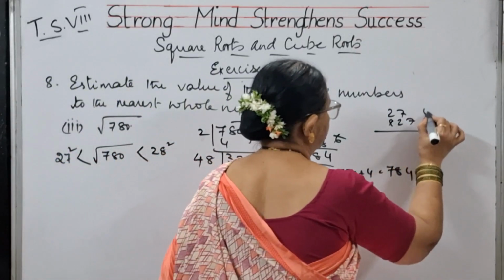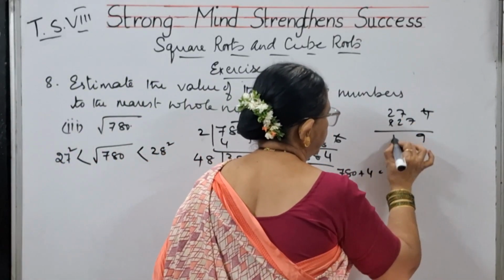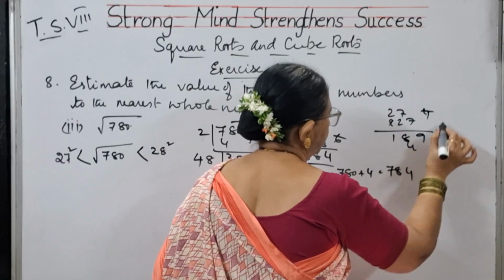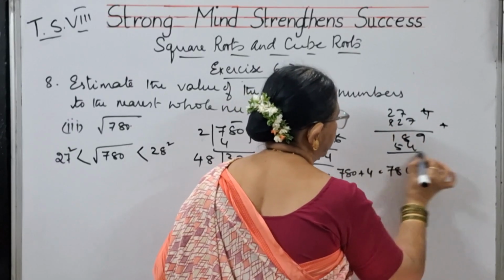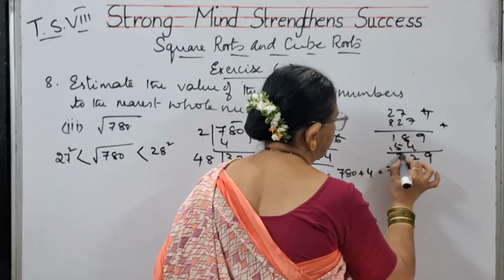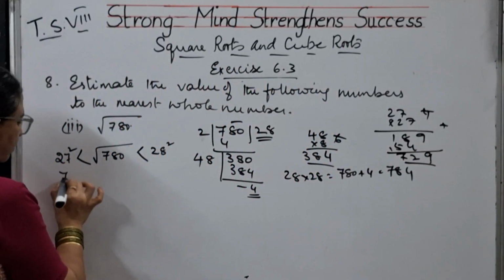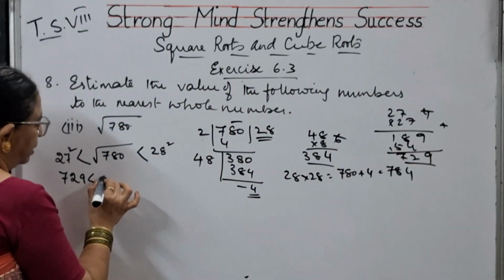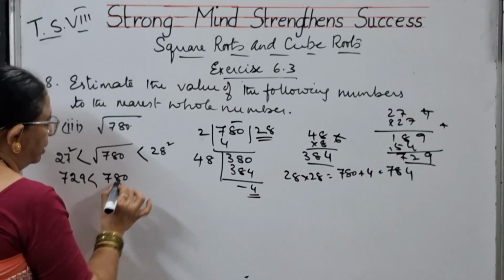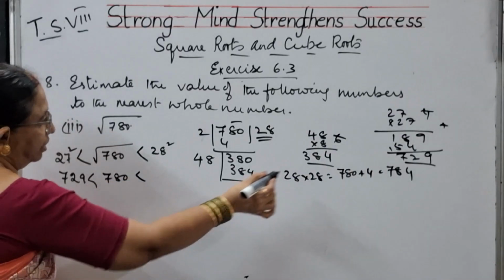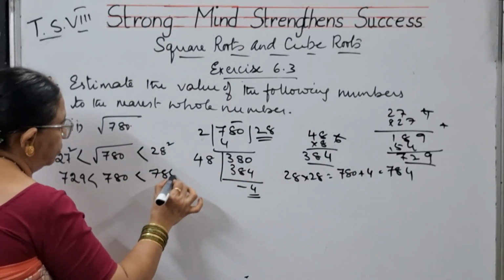So 7 sevens are 49, 4 carry 4, 2 sevens are 14, 2 twos are 4, and you are getting 729. So 729 is less than 780, which is less than 784.